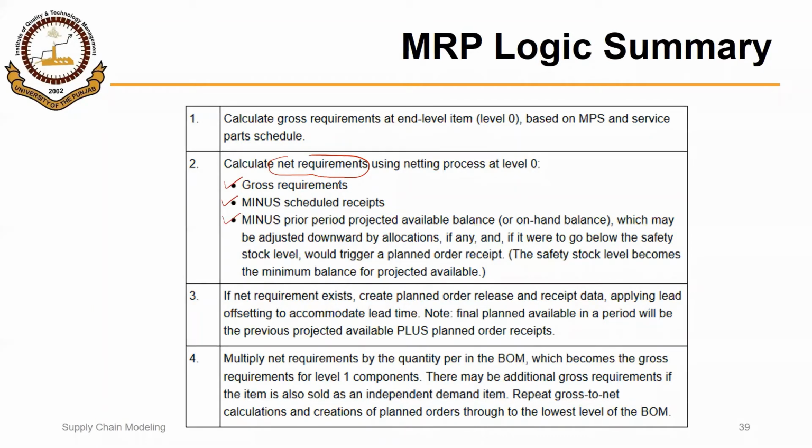So if we are not considering safety stock, if in any period that quantity goes below zero, that is if it goes negative, then we will have a planned order receipt. Otherwise, if we have safety stock, if net requirements were to go below the safety stock, that would trigger a planned order receipt. So that is the basic idea, and that is very similar to the logic of MPS.